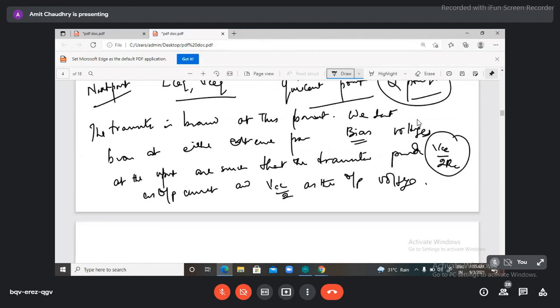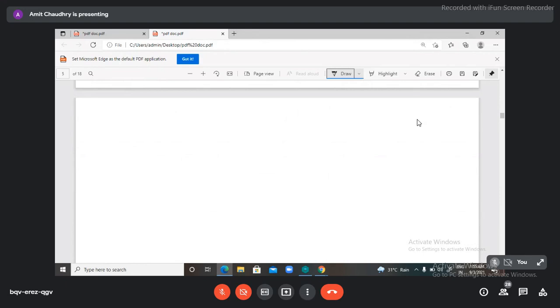So it is like this. This is called the output characteristics.